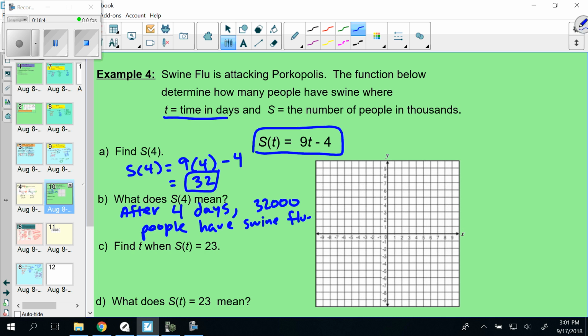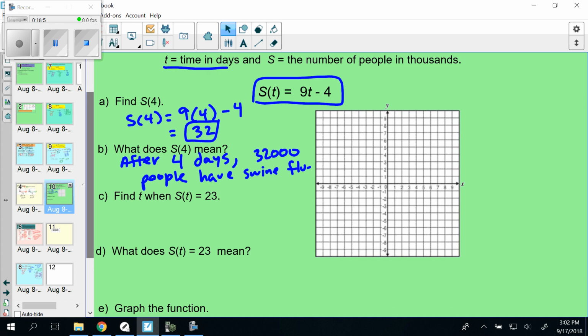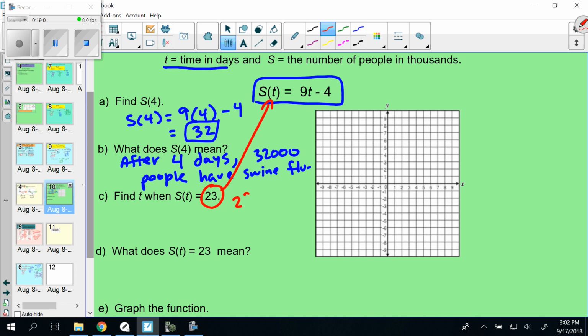All right, C. Find t when s of t equals 23. So this is kind of working backwards again. We know our output. What was the input? If we take 23 and put it in, we get 23 equals 9t minus 4. Work backwards, add 4 to both sides.